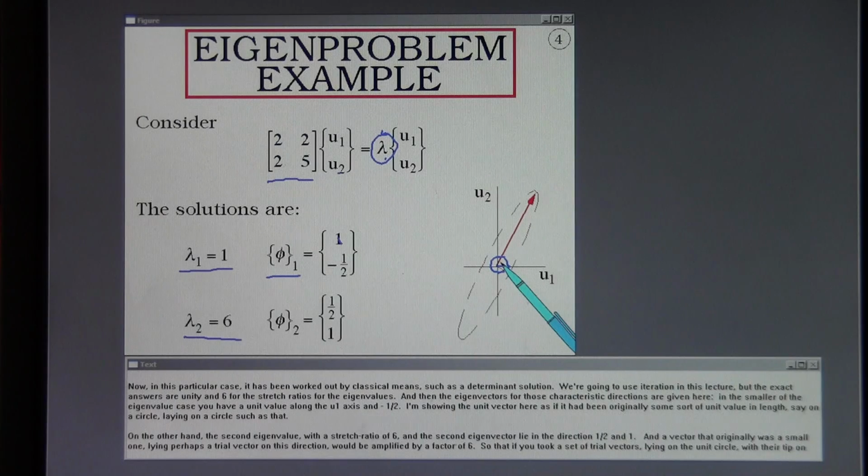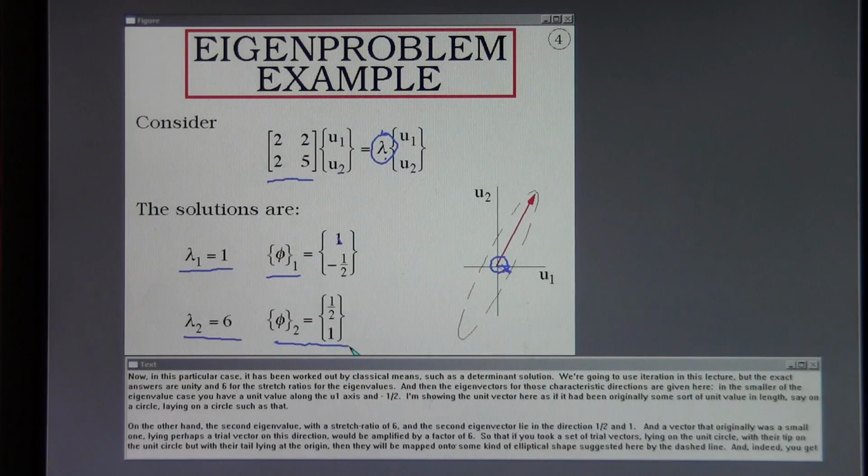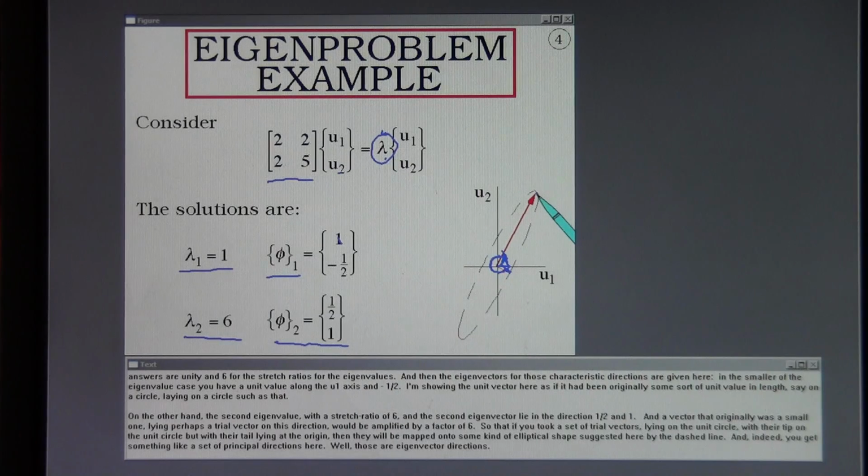On the other hand, the second eigenvalue with a stretch ratio of 6 and the second eigenvector lie in the direction 1/2 and 1, and a vector that originally was a small one lying perhaps a trial vector on this direction would be amplified by a factor of 6.